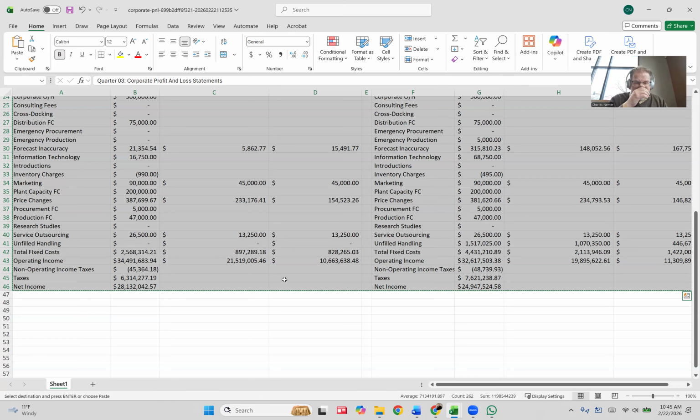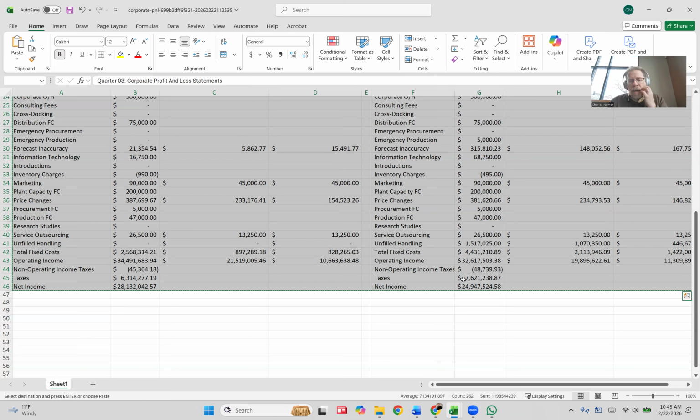What I can't understand, so I've got the programmer checking, is that operating income was 34 and you paid taxes of 6.3. How come revenue's down, but your taxes are up? I've got a query in to see what's happening in the logic. The taxes could be because of different places you ship to around the world, because you're shipping to different markets, but I want to check on that.